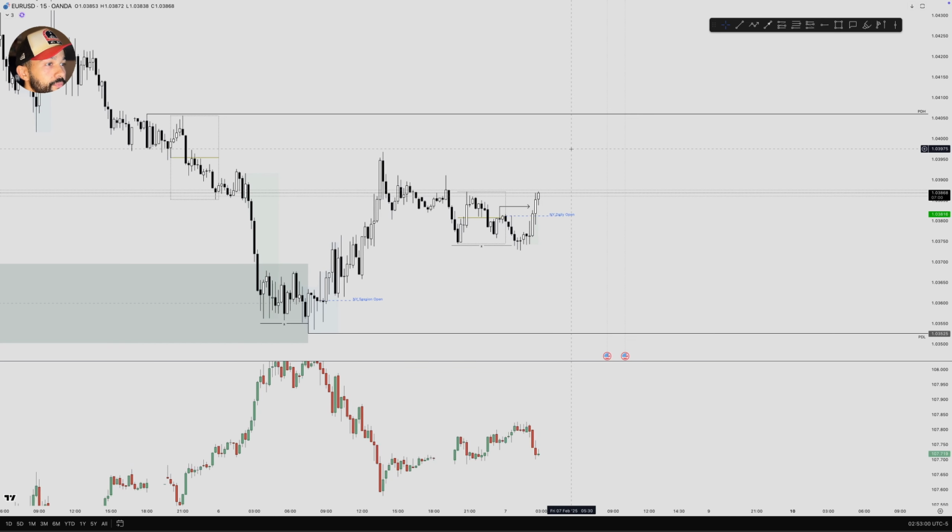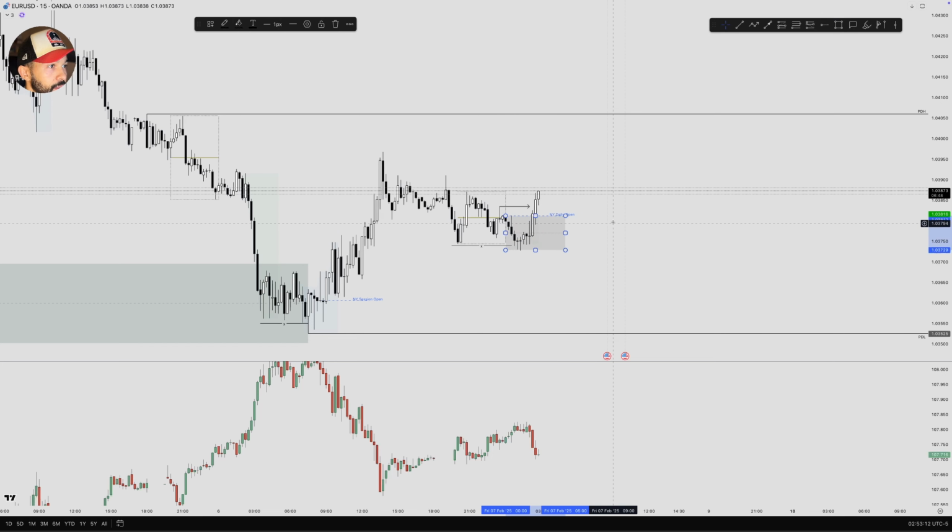At the moment I don't see anything that I would prefer to get involved in. Of course we can leave fair value gaps and some people enter like that, and of course we also have, you know, like I said, that array there, that would be an order block too, and potentially price is going to revisit this area, find some support, and then continue and take out these highs here.